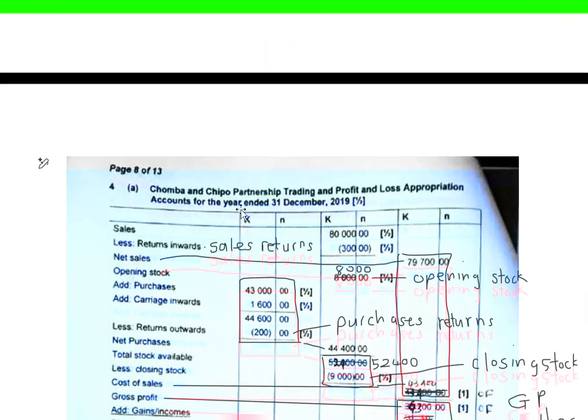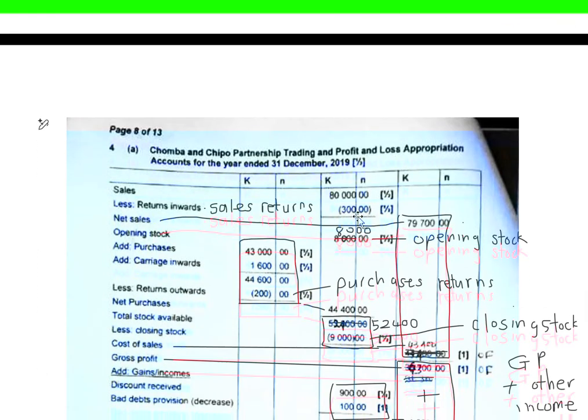And we put in there less the sales returns, because our actual net sales after the sales returns is 79,700. So 80,000 minus 300 is 79,700. Remember, with a video you can always pause it at any time and check again.